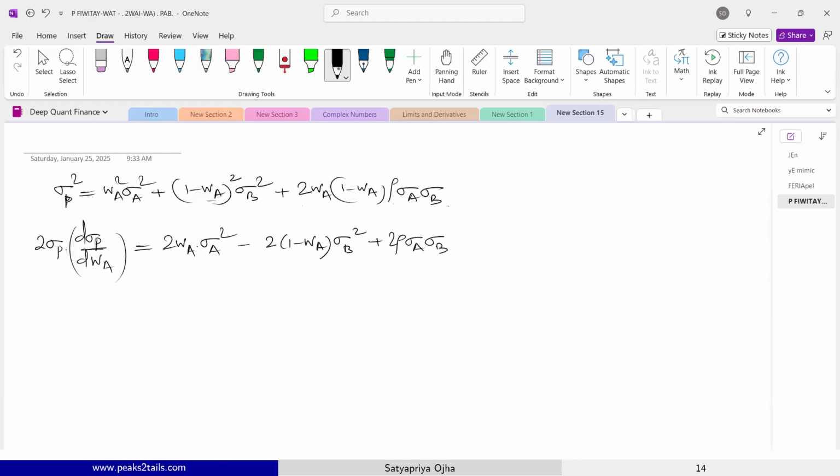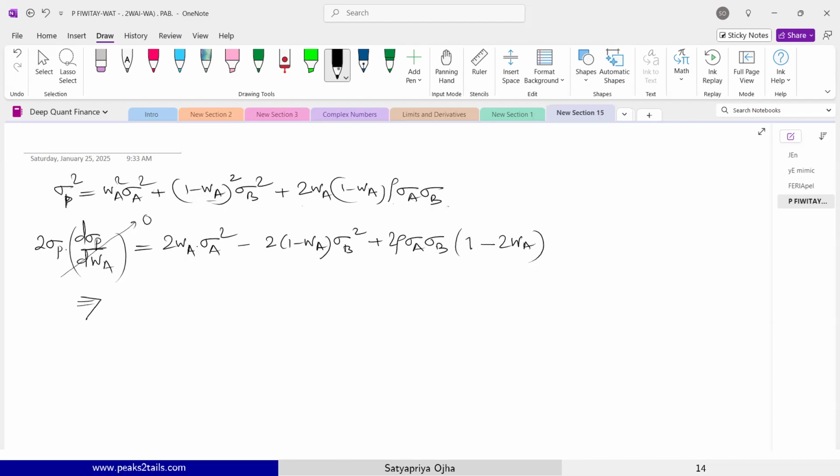Derivative of wA times (1 minus wA) with respect to wA: if I open it up, the first term is wA, derivative is 1, minus second term is wA squared, derivative is 2wA. This will be 0 for minima. So the entire expression is 0.